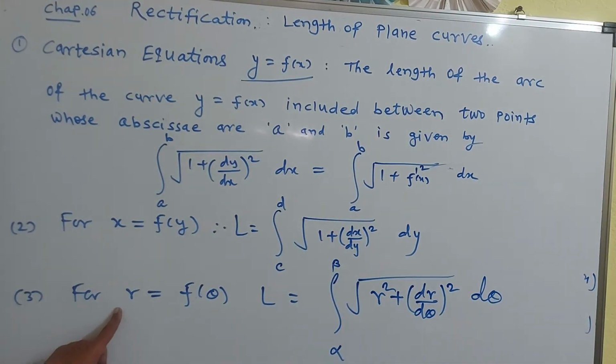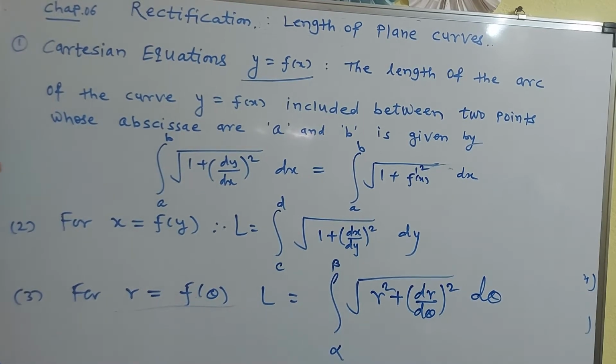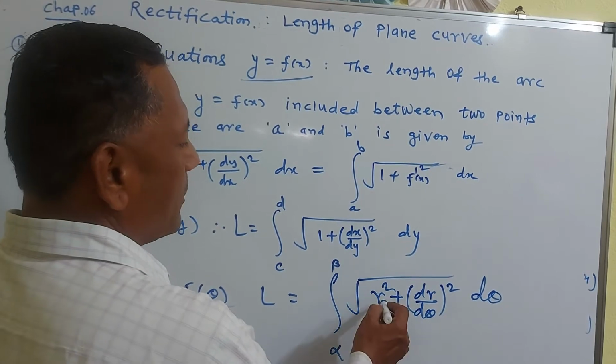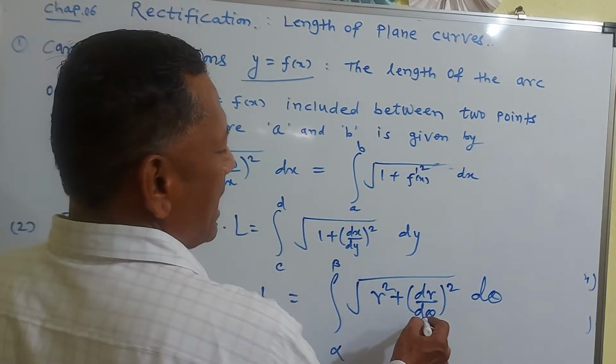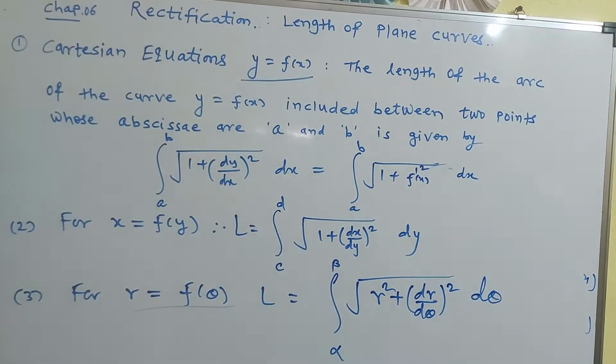If the curve is a polar curve r is equal to f of theta, then its length is given by integration going from alpha to beta root of r square plus dr by d theta square, and integration is with respect to theta.